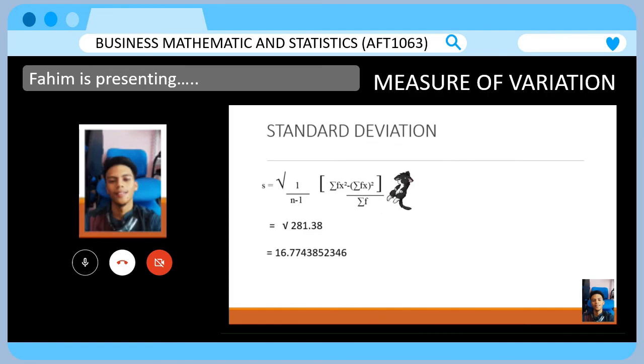So we take the square root of 281.38, and we get the answer 16.7743852346. So that is the answer for standard deviation.